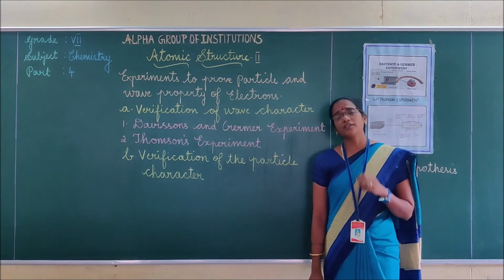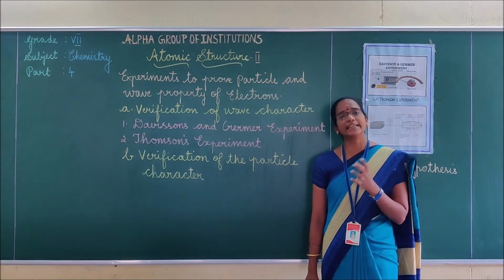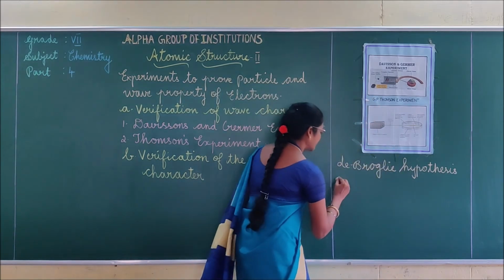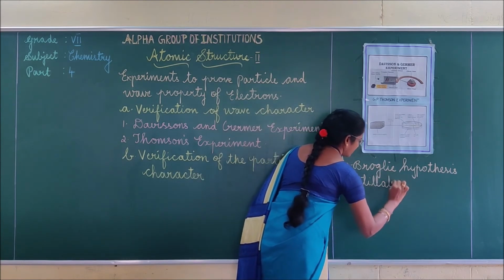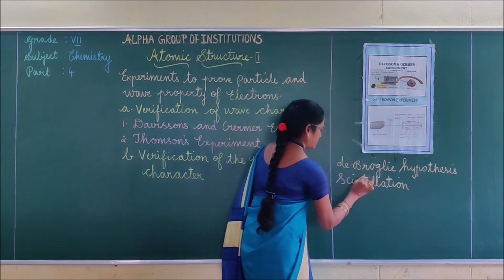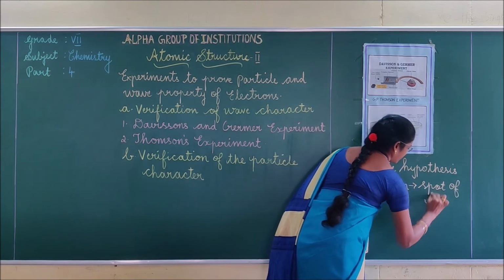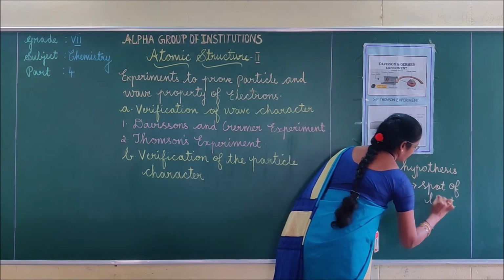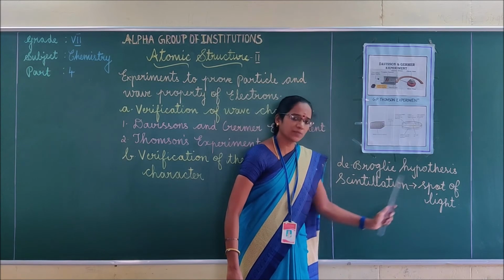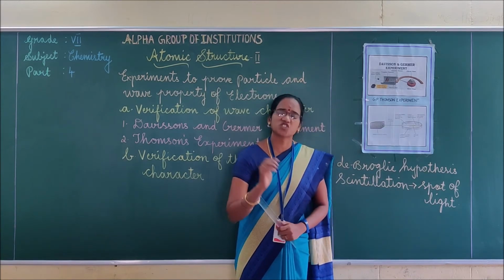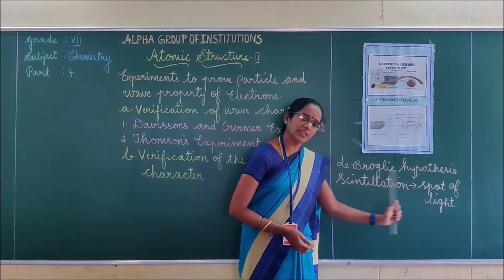When an electron strikes a zinc sulfide screen, a spot of light, that is scintillation, is produced. Scintillation means a spot of light.